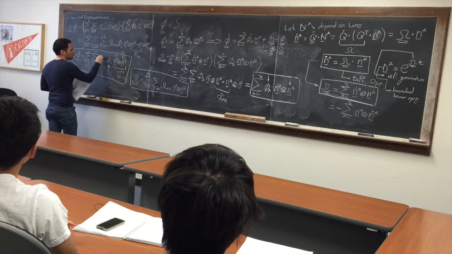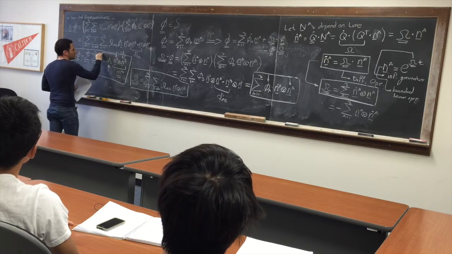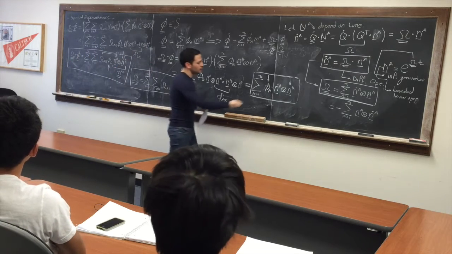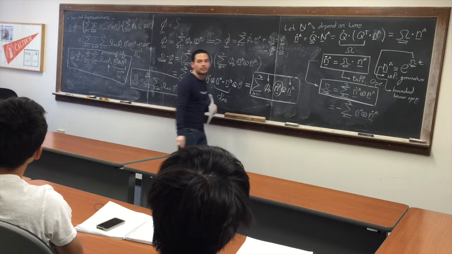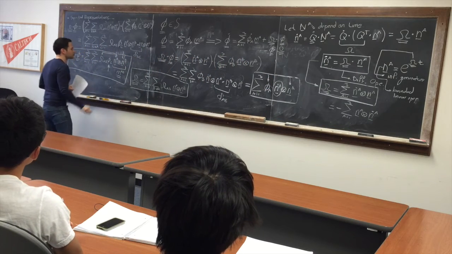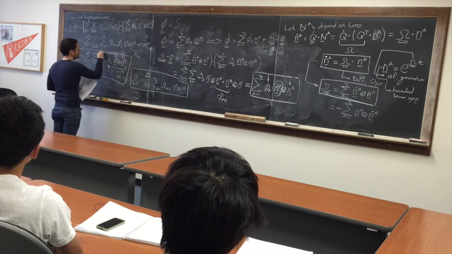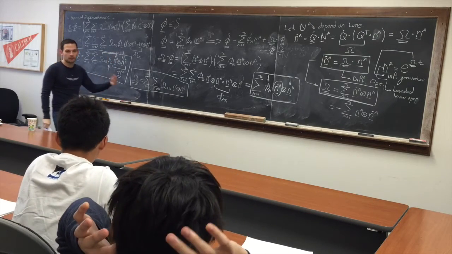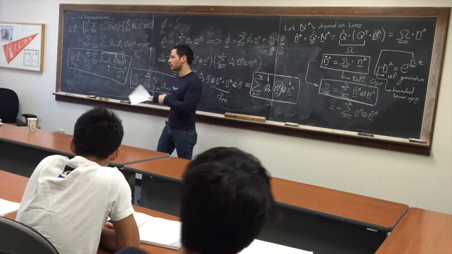And then we have this guy acting on this, which gives us this time derivative. Right? It's all the same. We're writing the same thing in different ways. So they should make sense.